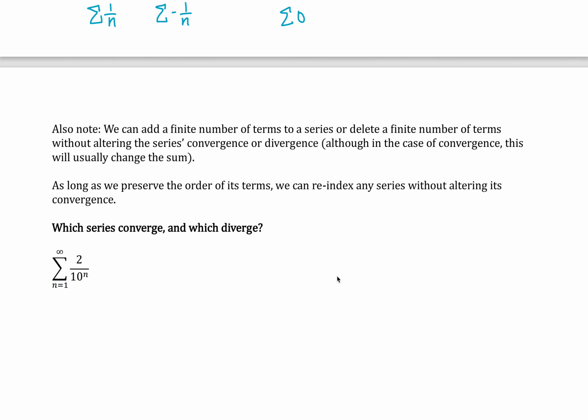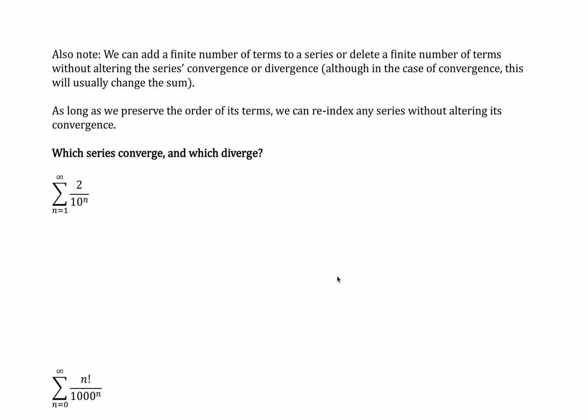We're going to end this section here by looking at 3 examples. We have 3 series here, and we're going to determine whether they converge or diverge. The first one is the series from n equals 1 to infinity of 2 over 10 to the nth power. And this is actually a geometric series.